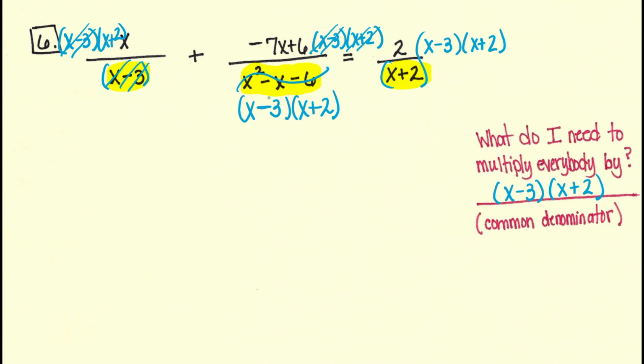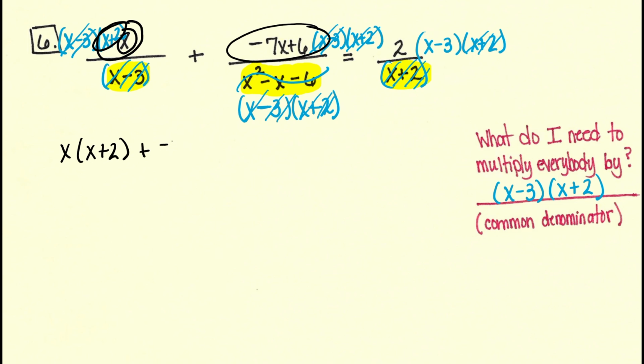They both cancel this time, and your x plus 2's are going to cancel. Let's see what we're left with. This right here is an x and an x plus 2. Here we have this right there, which is plus negative 7x plus 6. Here you have a 2 and an x minus 3.